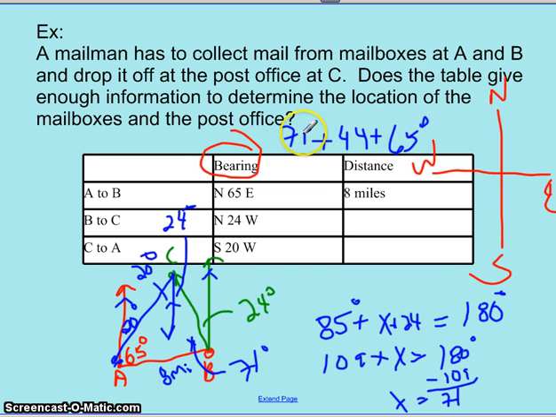And if this all adds up to 180, let's see, that's 115 plus 65, boom, that's 180. So now I have all the degree measures that I need, and it shows that it's a unique triangle, especially since I have the angle, the side included, and the angle right here.